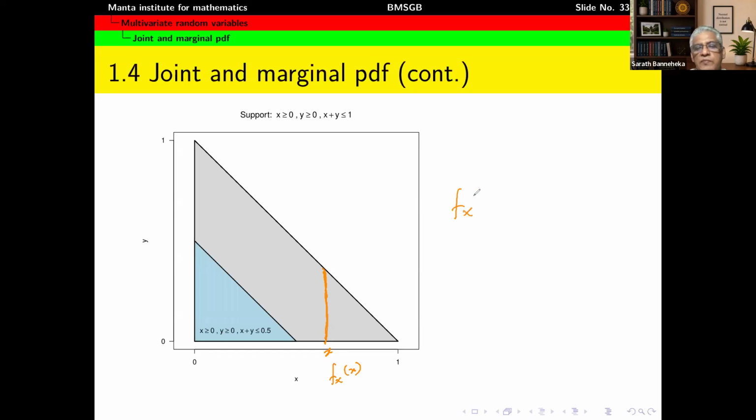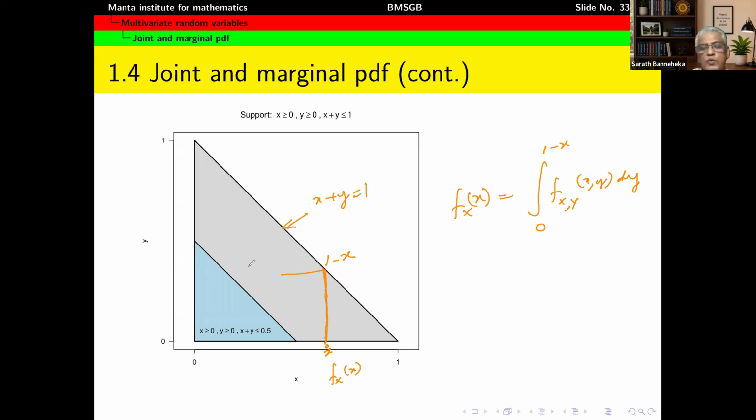So fx of x is equal to the integration of the joint density f of x, y with respect to y, but y will be going from 0 to 1 minus x. Because if the value of x is here, this line is x plus y equal to 1, so the y value will be 1 minus x. Therefore you will be integrating from 0 to 1 minus x.